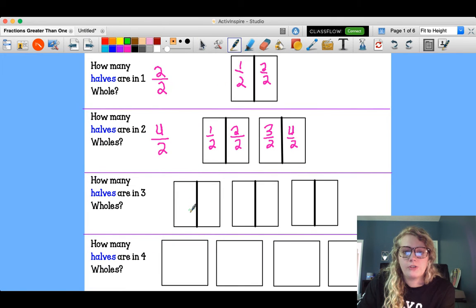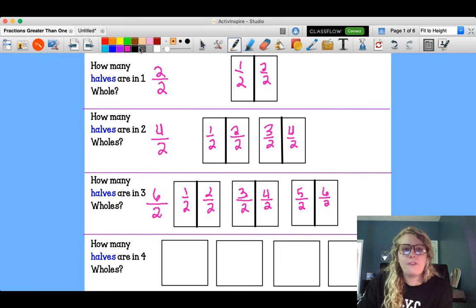Remember, partition into two equal parts. So we have 1/2, 2 halves. Here's my second whole. 3 halves, 4 halves. All right, that's my second whole. And then my third whole, I have 5 halves and 6 halves. So there are 6 halves in 3 wholes.